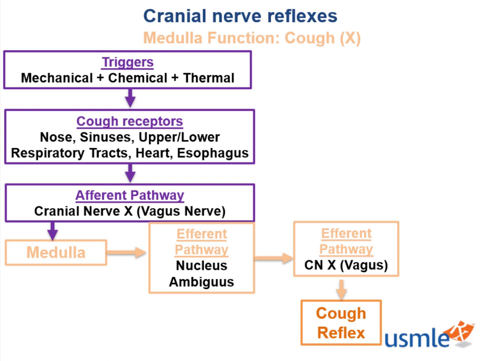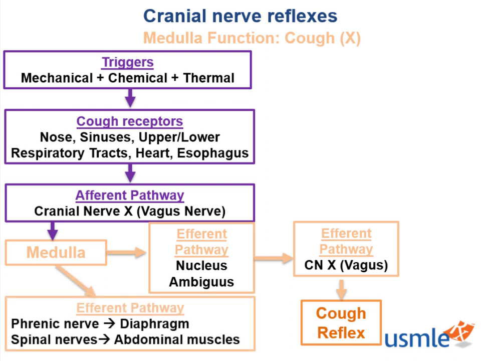However, when you cough, you use many other muscles not innervated by cranial nerve 10, such that the medulla activates the phrenic nerve and spinal nerves to recruit the diaphragm and abdominal musculature, respectively, into the cough reflex. Quickly, what are the nerve roots of the phrenic nerve? 3, 4, 5 keeps the diaphragm alive.